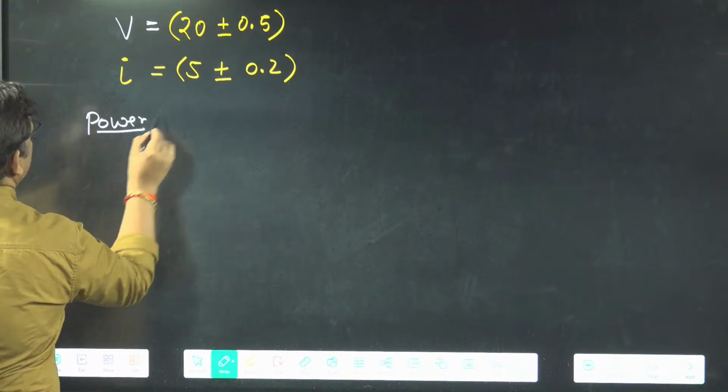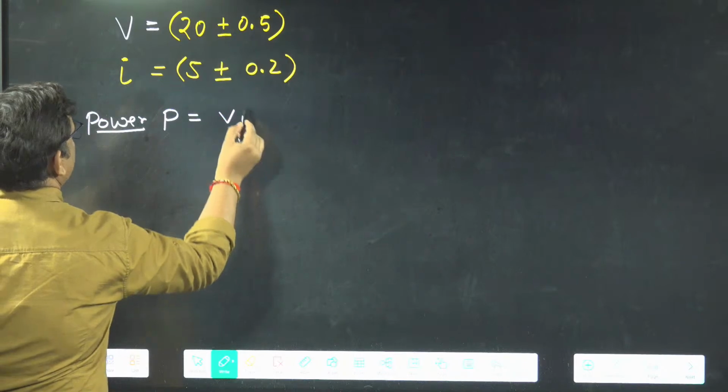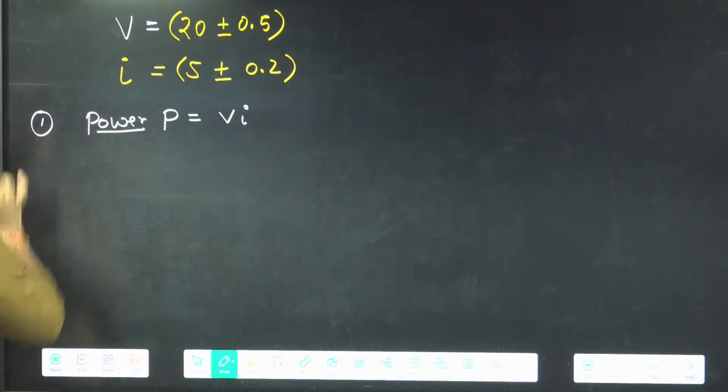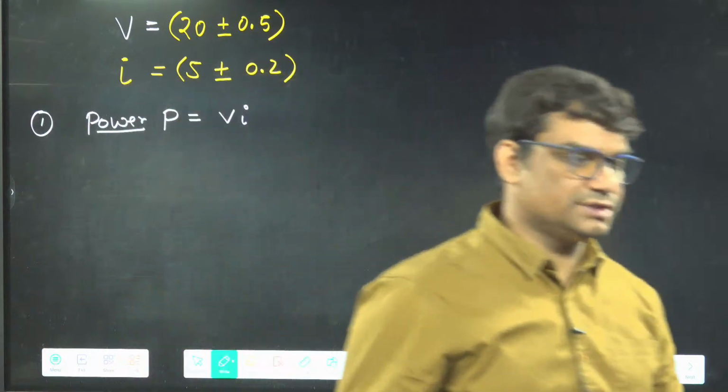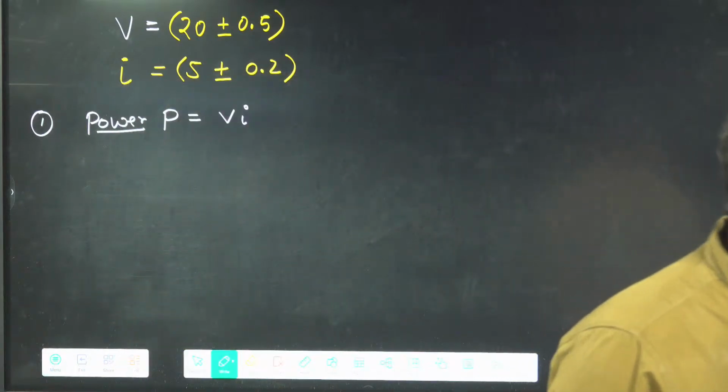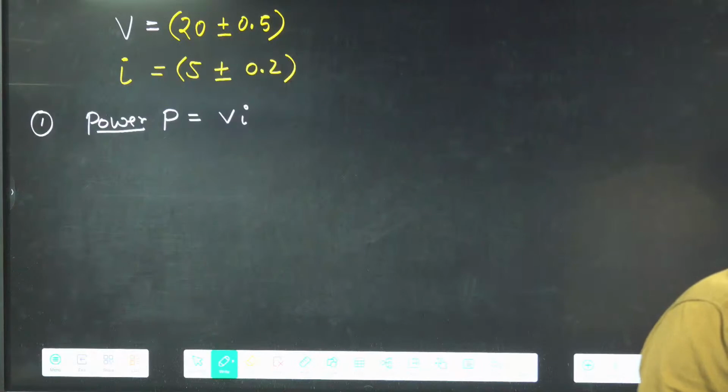Everyone knows power equals V into I. Power is VI. This one you have to find. What is the answer? Just tell me fast. What will be the answer here?